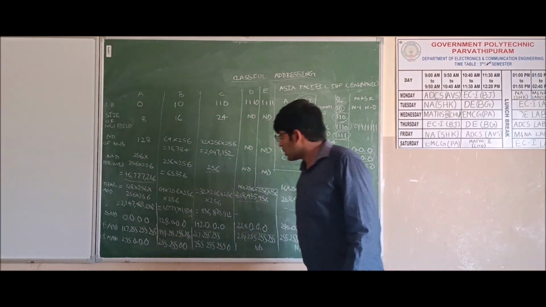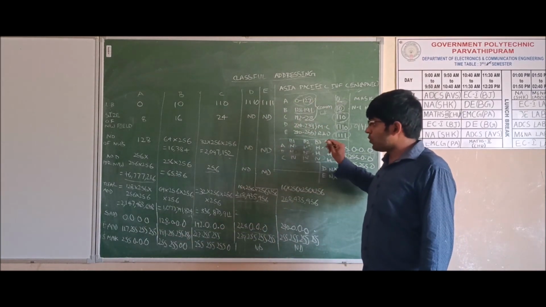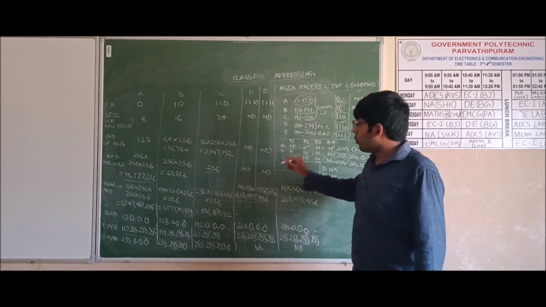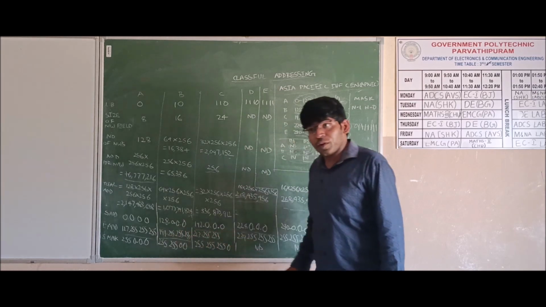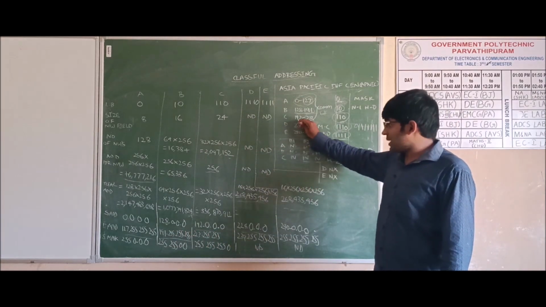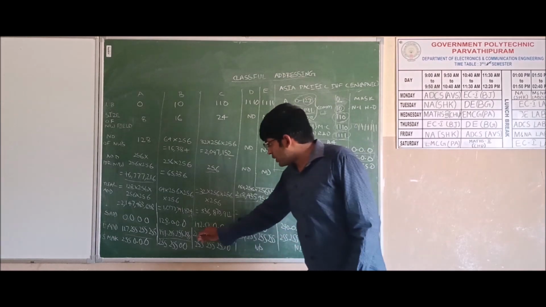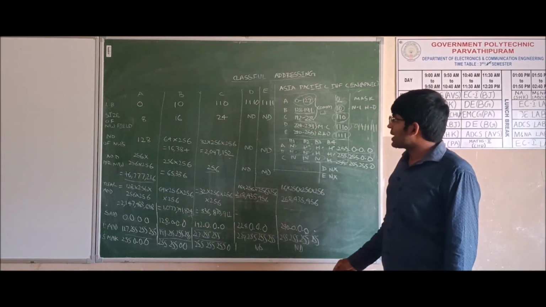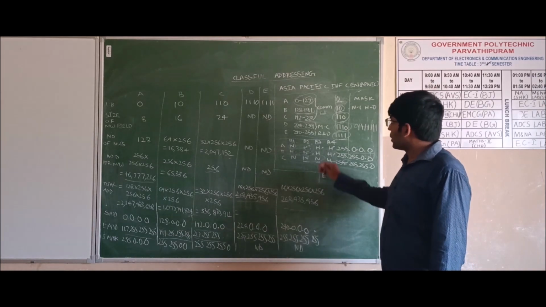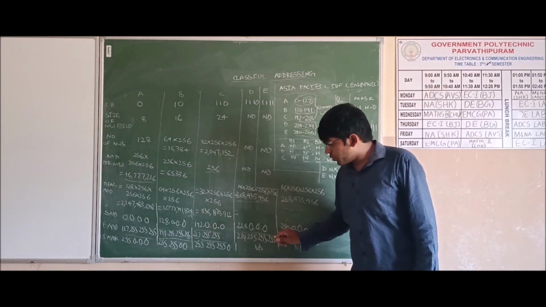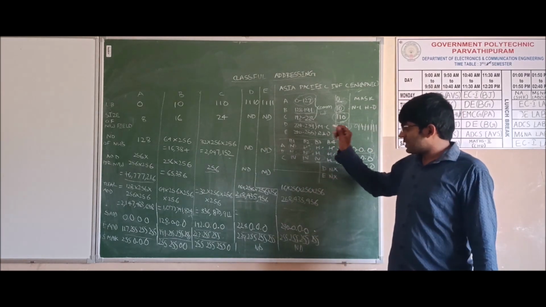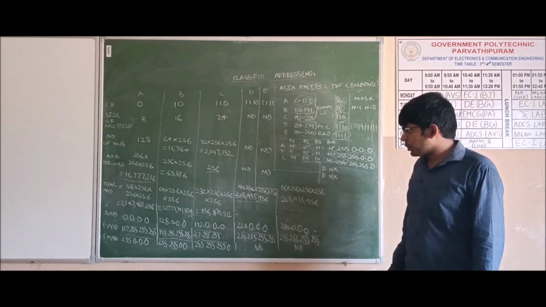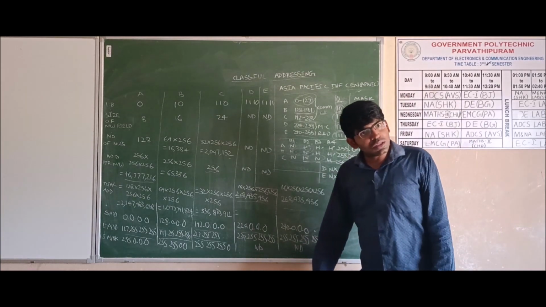Ending address of class A 127.255.255.255, class B 191.255.255.255, class C 223.255.255.255, class D 239.255.255.255, class E 255.255.255.255.